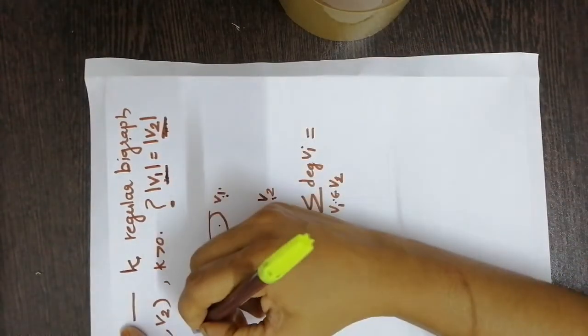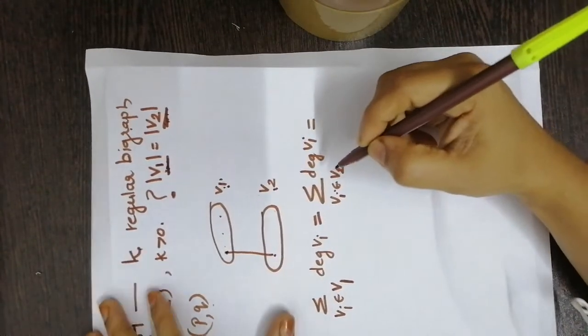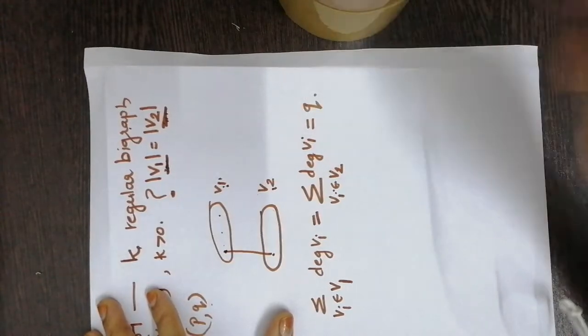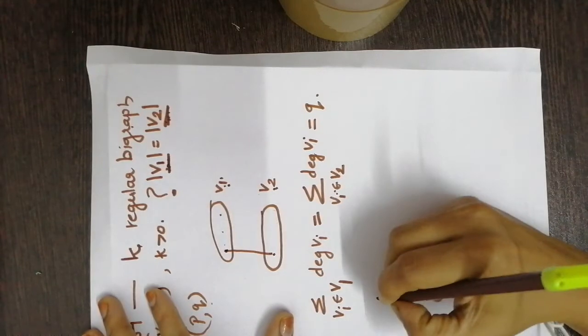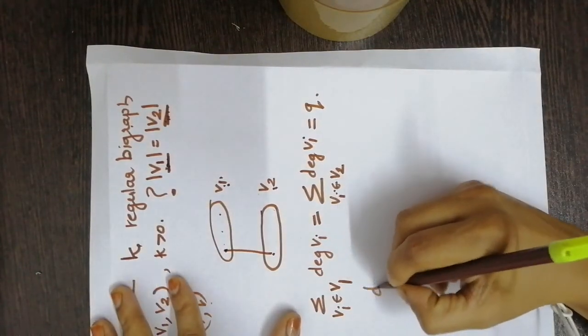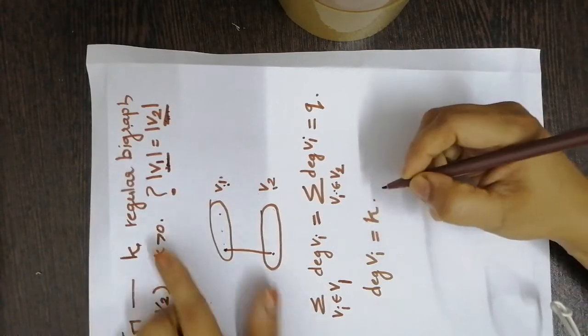This is a PQ graph, a graph with P vertices and Q edges. So the total is the number of edges. Am I right? Also, it is given that the degree of each vertex is k, as this is a k-regular graph.